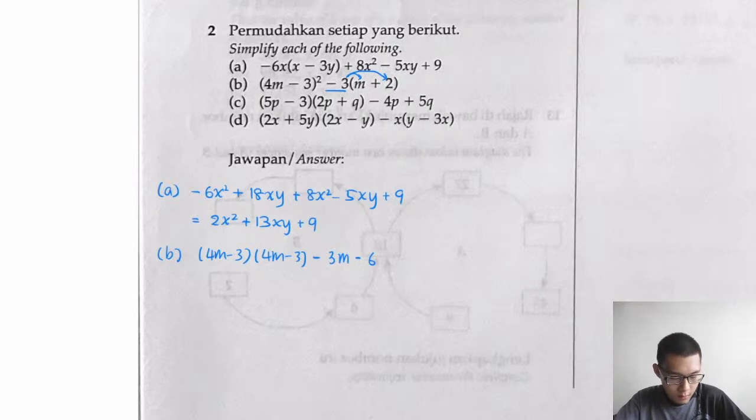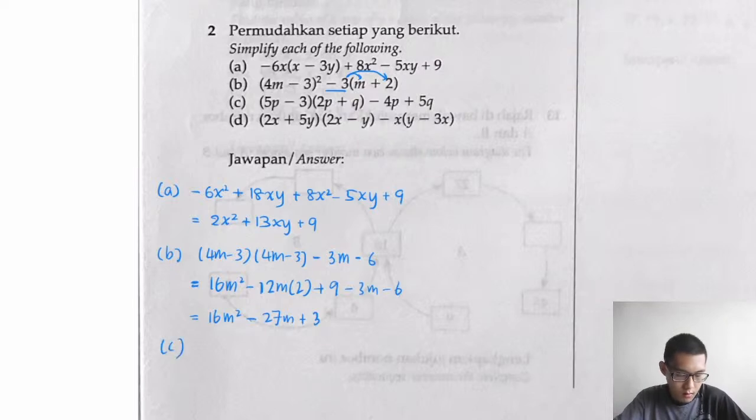And then we have to expand this quadratic: 4 times 4 is 16m squared minus 12m times 2, and then plus 9 minus 3m minus 6. So 16m squared. We continue: 12 times 2 is 24m, and minus 3, we have 27m. Plus 3, because 9 minus 6 leaves 3. So the answer should be this.